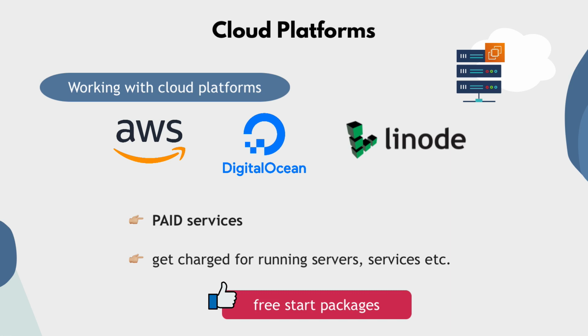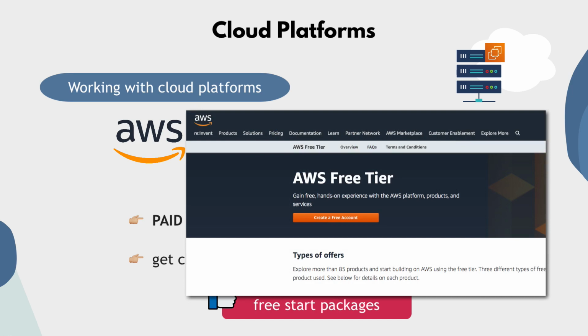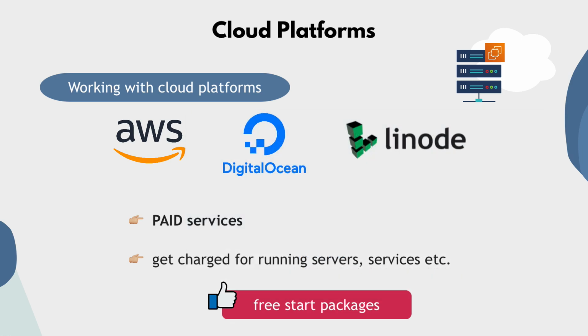On DigitalOcean and Linode, for example, you get $100 credit to use up for 60 days. On AWS, you get a free tier that allows you to use one small server for free for a year. However, EKS service and all other EC2 instances will still cost you.